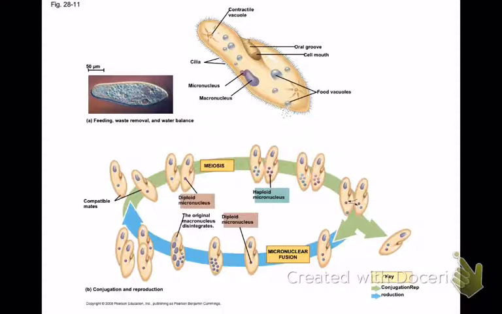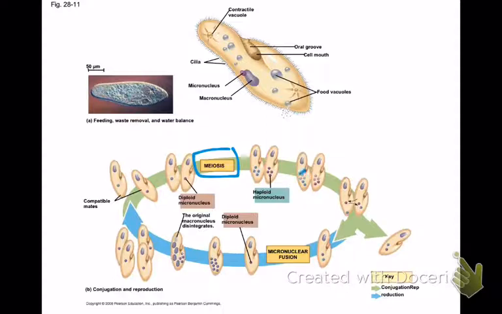So the ciliates have two nuclei. They have a large macronucleus and a smaller micronucleus. The micronucleus contains a single copy of the genome and will undergo meiosis to form four haploid nuclei.